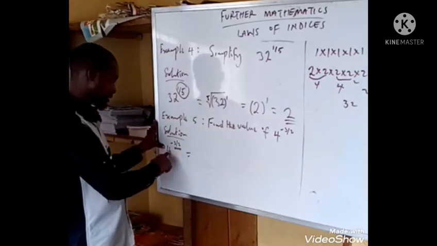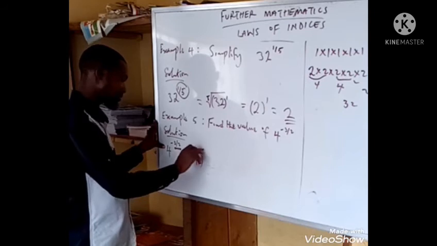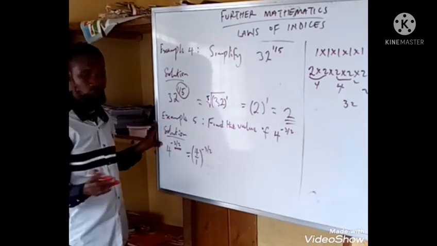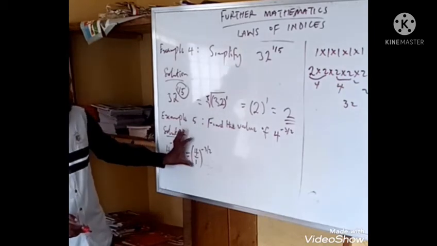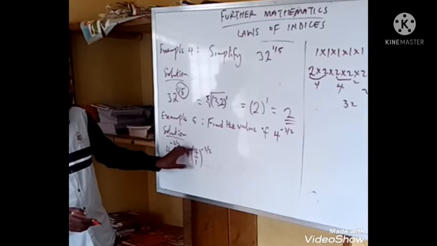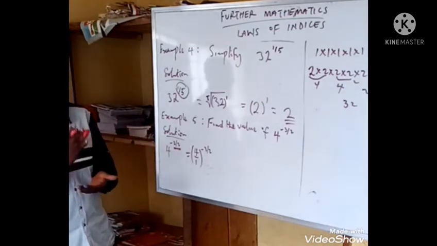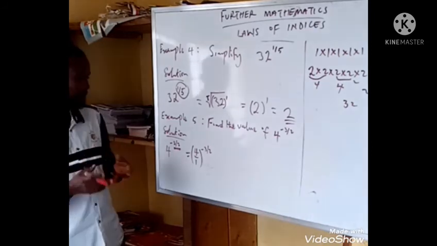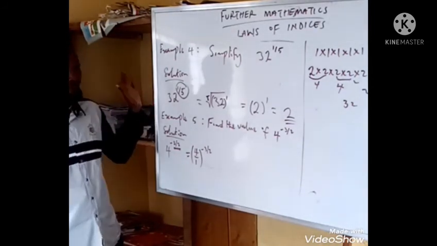So this is going to be rewritten as 4 over 1, then everything raised to power minus 3 over 2. The reason why this is in fractional form is that we only want these two numbers, the numerator and denominator, to interchange their position. And the interchanging of their position automatically cancels or removes the negative sign.